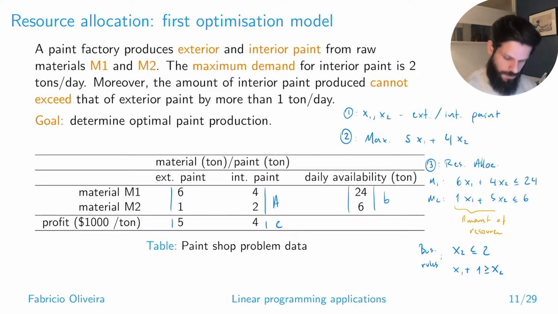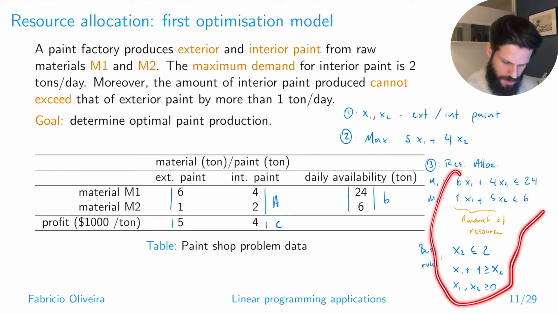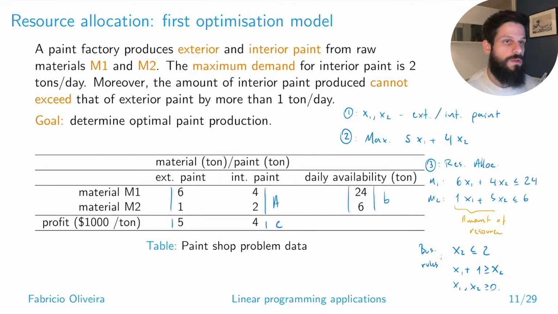And these here are my, let's call them, business rules. These 2 constraints. And finally, the last thing to say is that x1 and x2 are greater or equal than 0. And now, combining my objective function and my constraints, I have a mathematical model that I could use to represent the paint factory production planning, and figure out what the optimal production plan is.